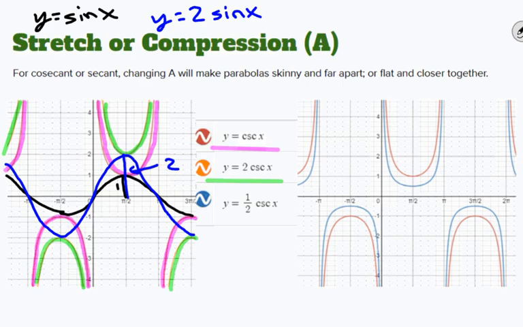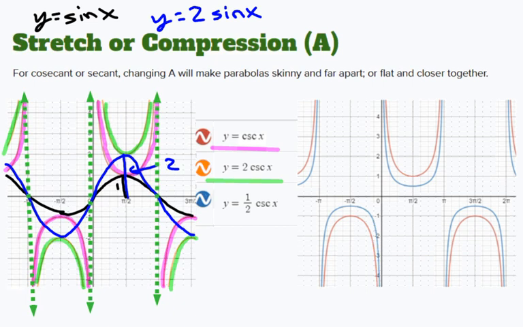And every time they hit a midline, an asymptote crops up. So we still have our asymptotes at negative pi, 0, pi, 2 pi, and so on. And that's every time it hits 0. Every time it hits the midline.